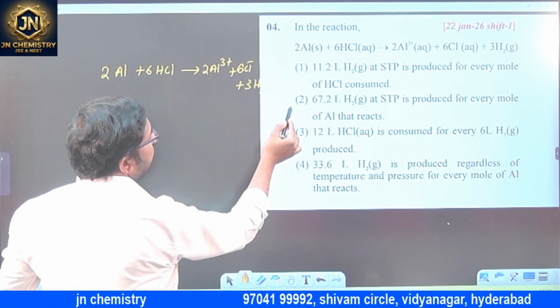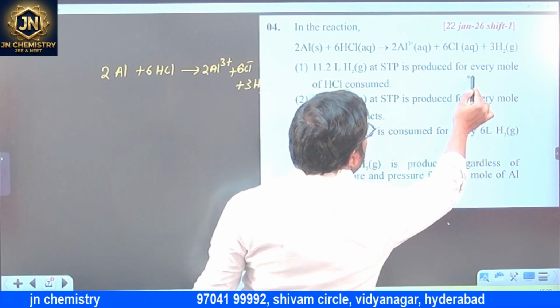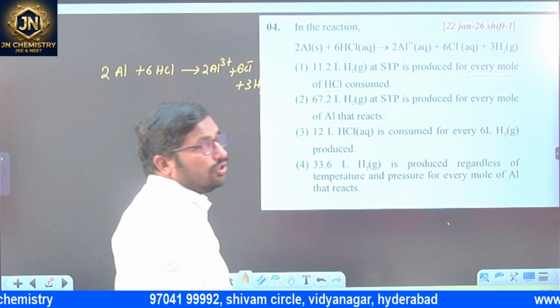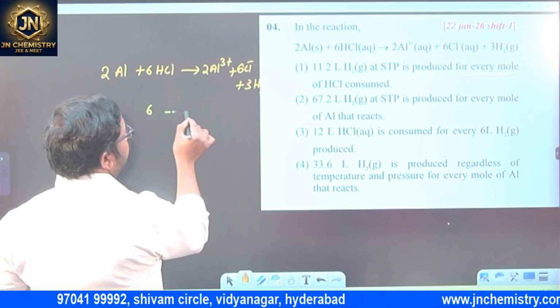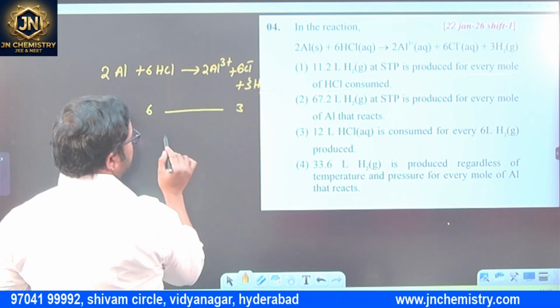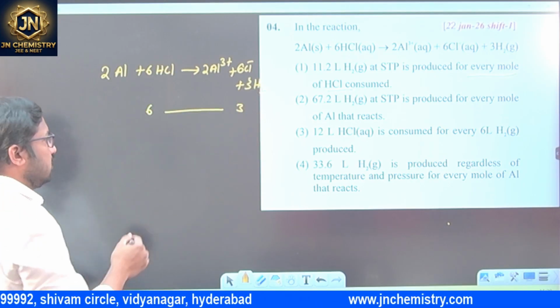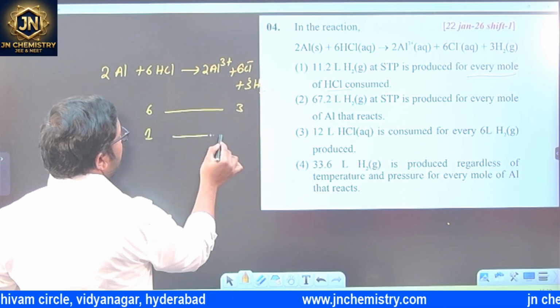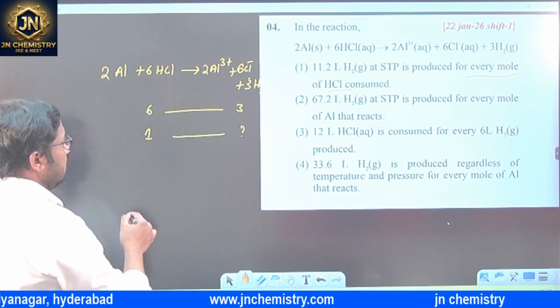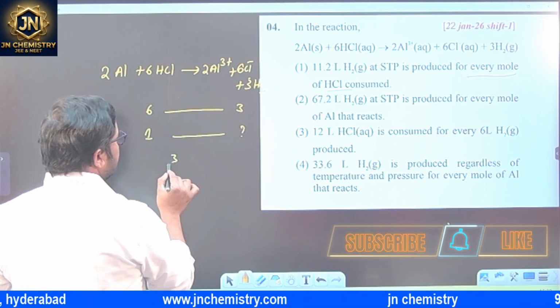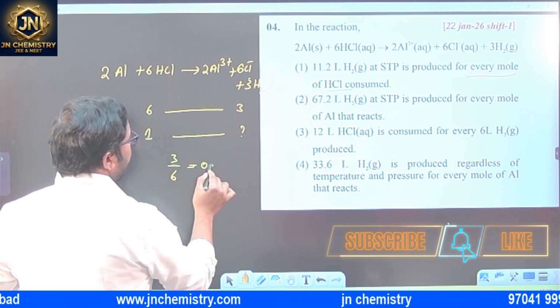For every mole of HCl consumed, every mole means 1 mole. For 6 moles, how many moles of hydrogen are forming? 3 moles. For 1 mole, how many moles of hydrogen are produced? Simply cross multiply: 3 by 6 is nothing but 0.5 moles.